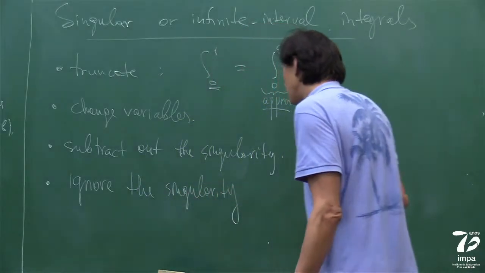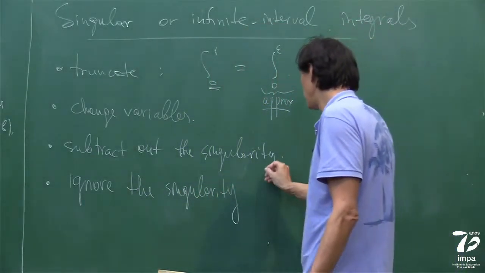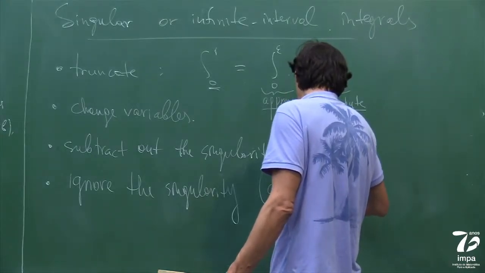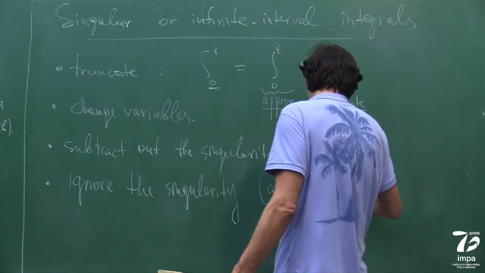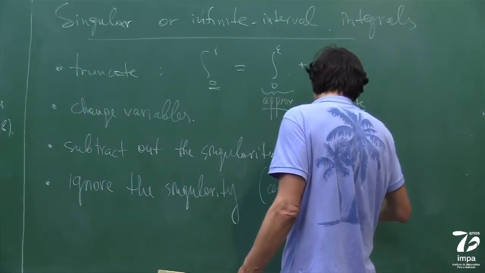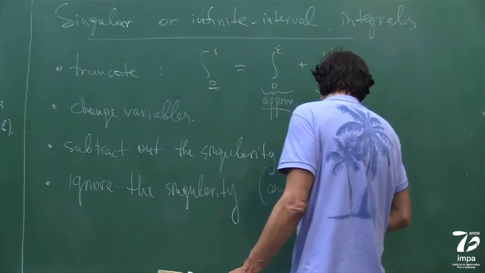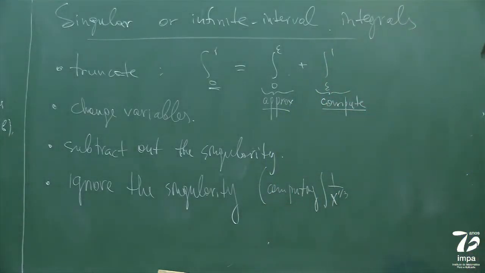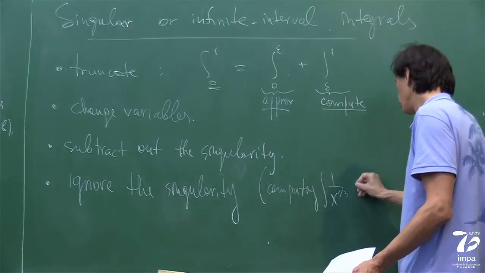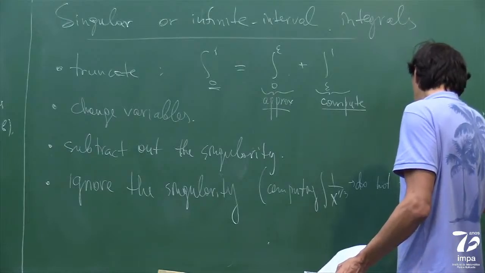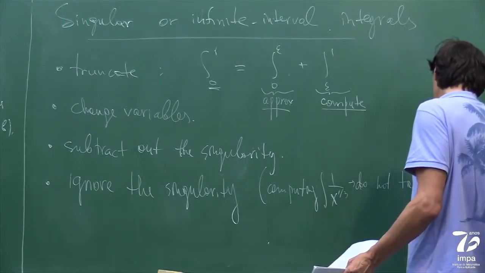Well, there is a very nice way: ignore the singularity. For example, when computing the integral of 1 over square root or cubic root, do not take x equals 0.